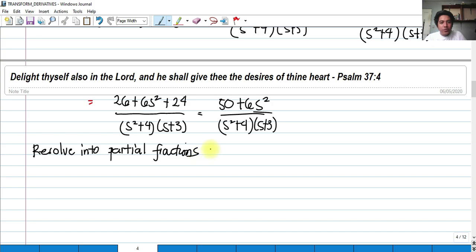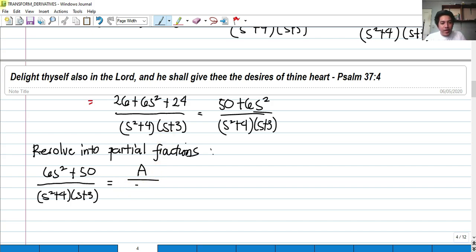Let me just rewrite. We have 6s squared plus 50 all over s squared plus 4 times s plus 3. As you can see, this has a quadratic factor. So we resolve it into partial fractions. It's important for you guys to recall your partial fractions.